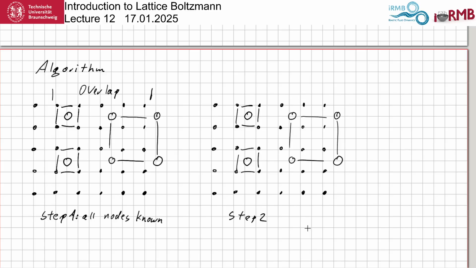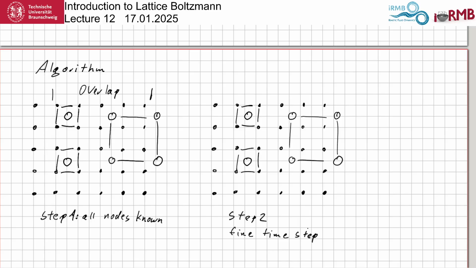But the idea is that in the second step, we have a fine time step. So we do a fine time step, and by this we mean that there is no coarse time step at the same time.